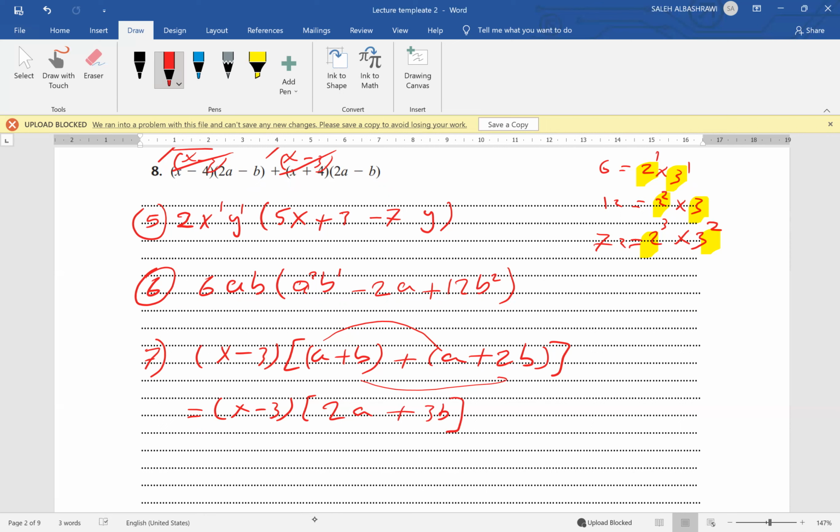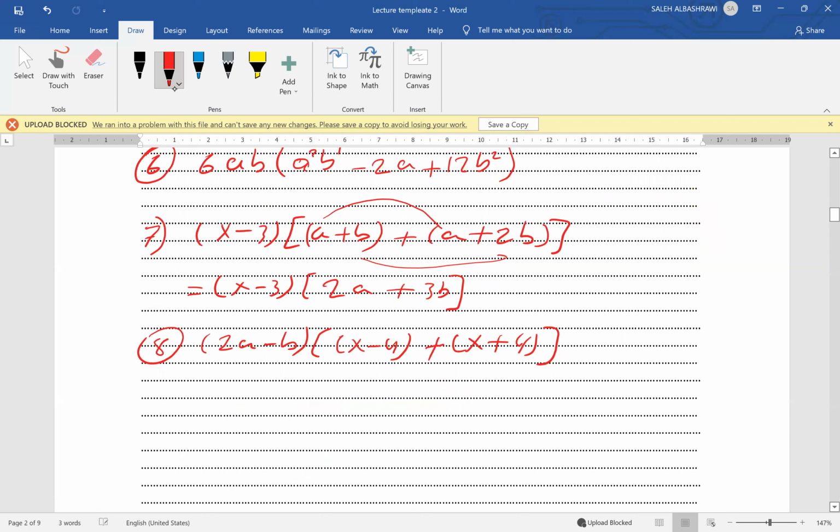Same thing for question number 8. The common factor is 2a minus b and 2a minus b. It is common. So we can take it out as a common factor. Open bracket. Now, if we take it out, I will have x minus 4 plus x plus 4.